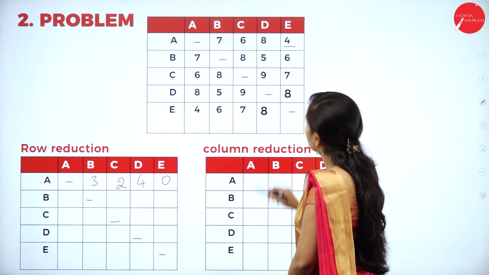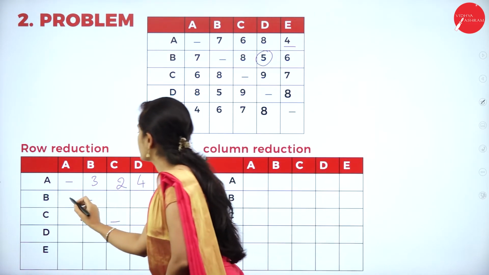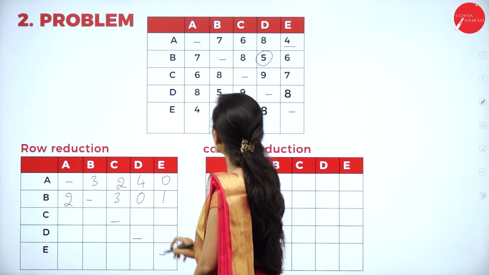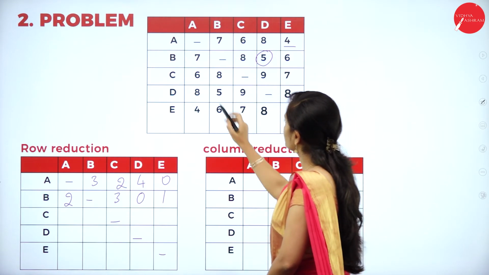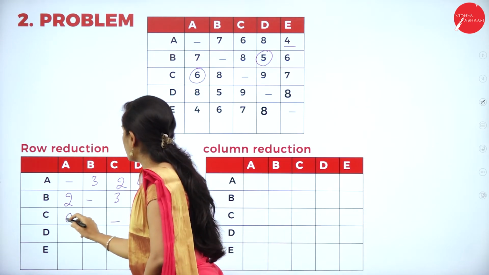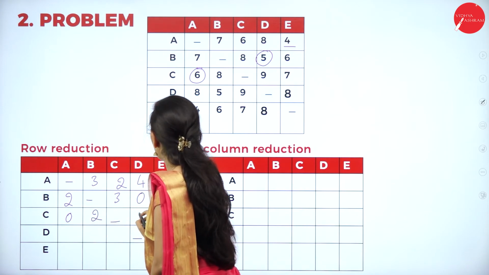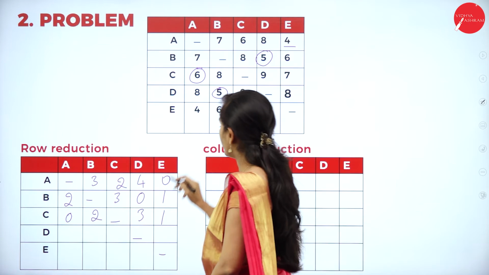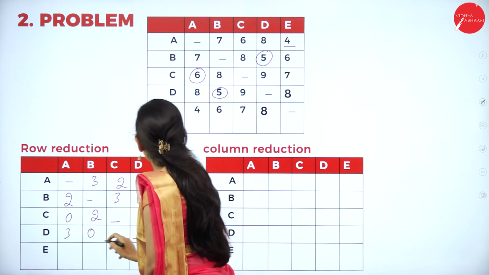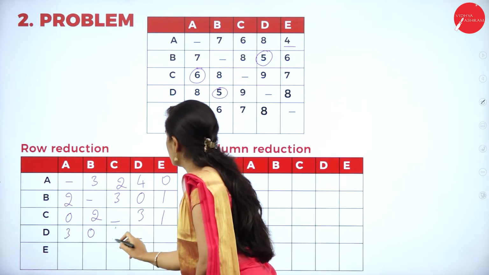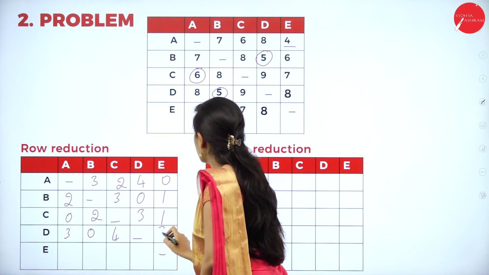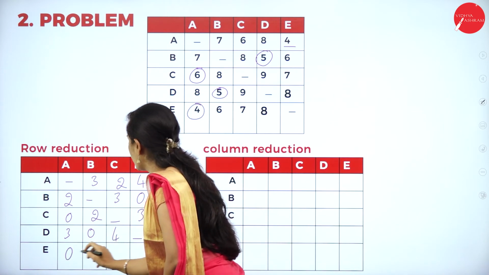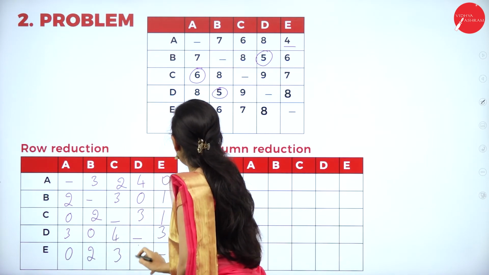In the second row, the least value is 5, 7 minus 5, 8 minus 5, 5 minus 5, 6 minus 5. And in the third row, the least value is 6, 0, 2, 3 and 1. In the fourth row, the least value is 5, 3, 0, 9 minus 5 is 4 and it is 3. In the last row, the least value is 4, 0, 2, 3 and 4.